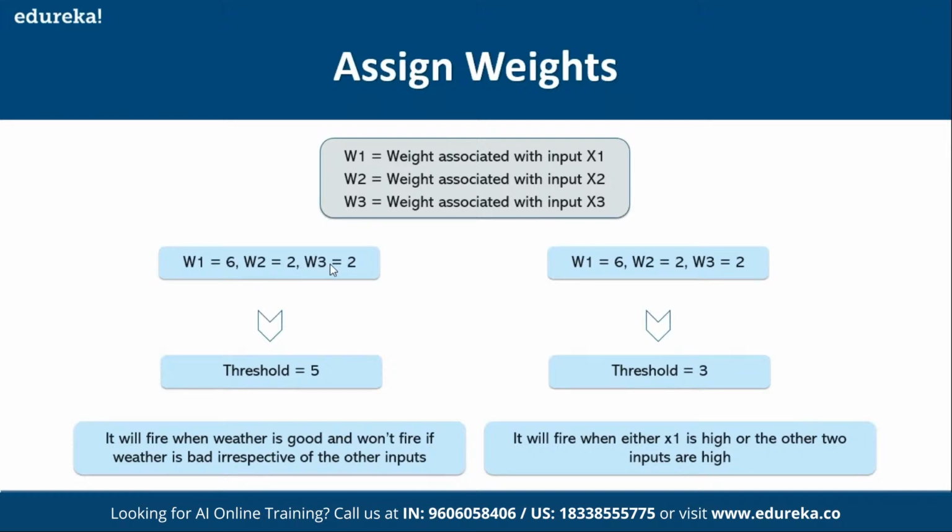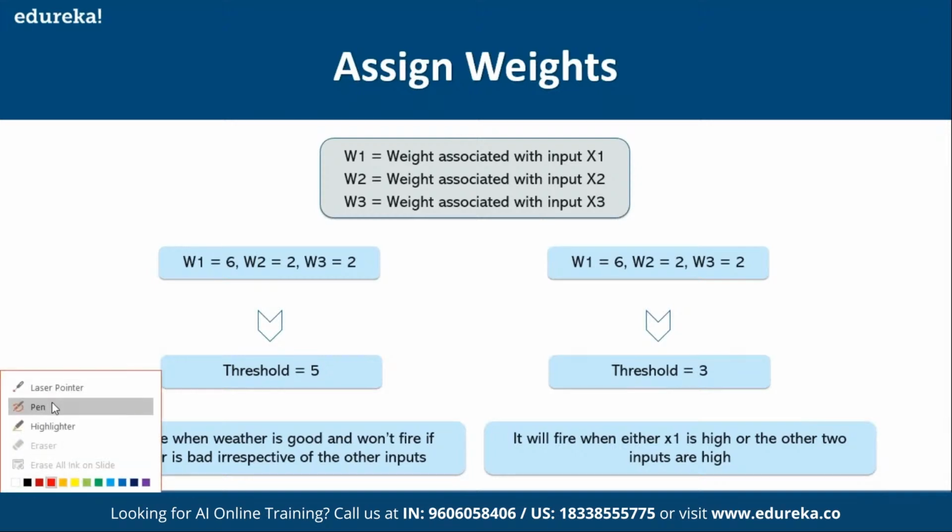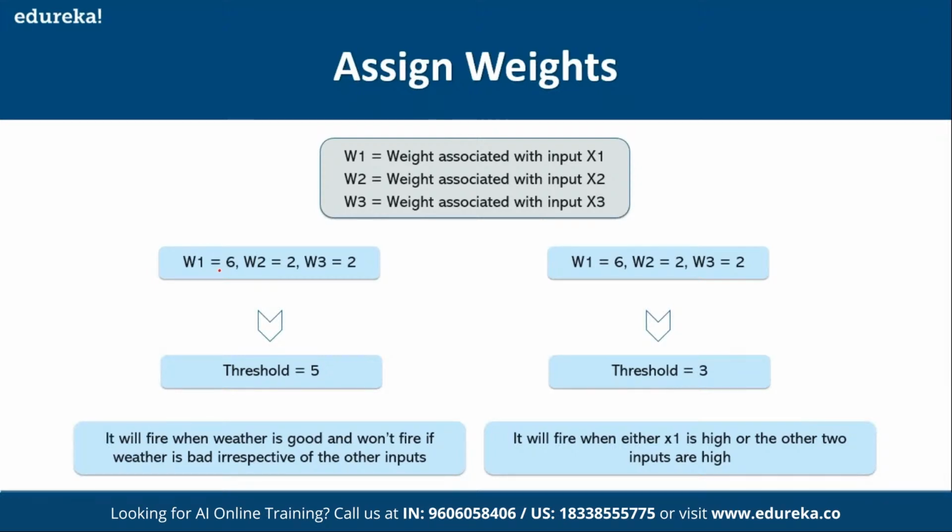The weight for our third input, the public transport available, W3 is equal to 2.